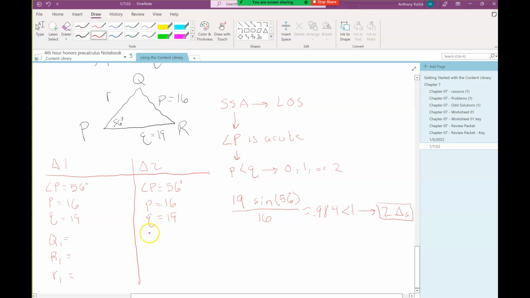So I'm going to use 1s and 2s to indicate whether they're part of the first triangle or second triangle. So I'm going to have angle Q1, angle R1, and side R1 in triangle 1, and angle Q2, angle R2, and side R2 in triangle 2. Everybody okay with that idea?